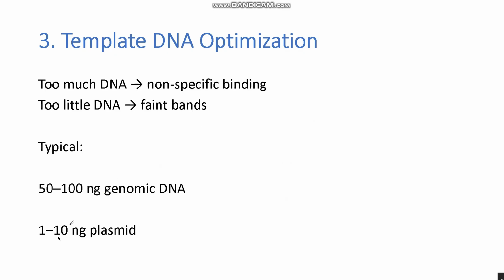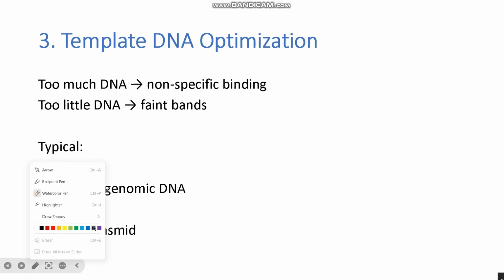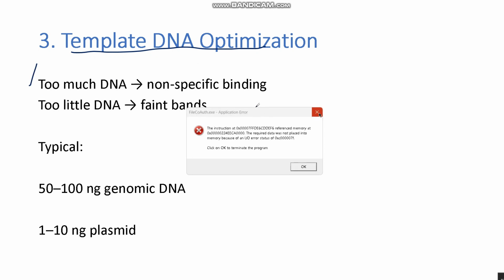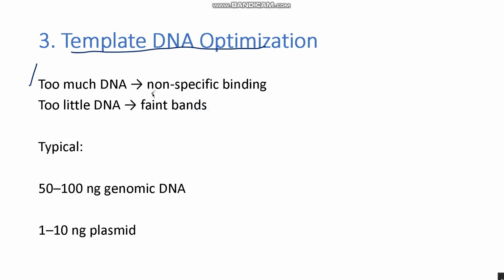Okay, template DNA optimization. The third step of optimization is template DNA optimization. If you use too much DNA, then you get non-specific binding. Just note it in your notebooks. If you use too much DNA, then you get non-specific binding, and if it is too little DNA, then you get a faint band.